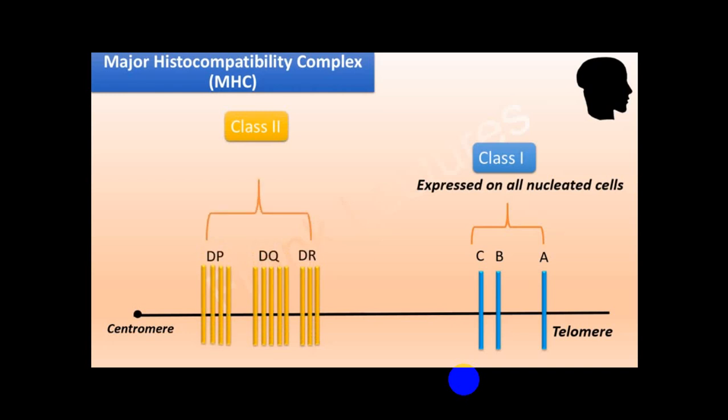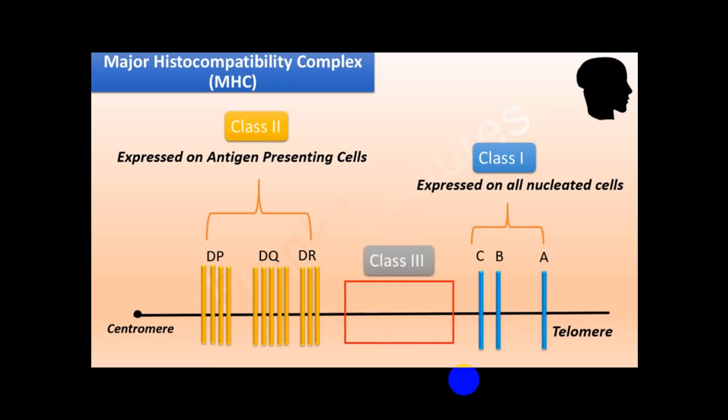These glycoproteins appear only on cells that can process non-self materials and present antigen to other cells. The area between the Class 1 and Class 2 regions on chromosome 6 is of Class 3 genes. These genes code for complement proteins and cytokines which take part in immune response, but these molecules are not expressed on cell surface.